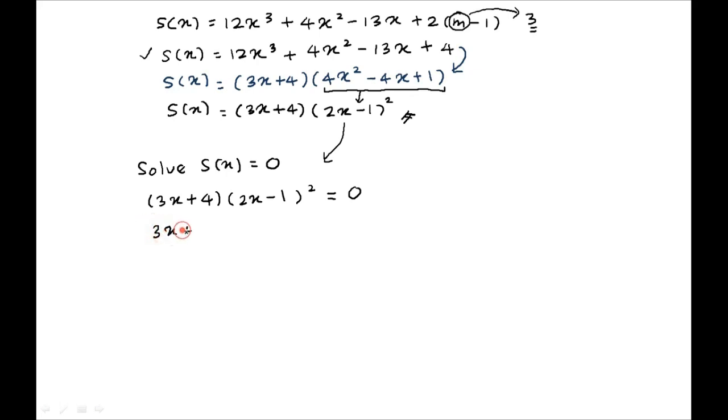So, 3x plus 4 equal to 0 and 2x minus 1 equal to 0. Make x as a subject, so x equal to negative 4 over 3 and x equal to 1 over 2. So, this is our final answer. Our value of x is x equal to negative 4 over 3 and x equal to 1 over 2.